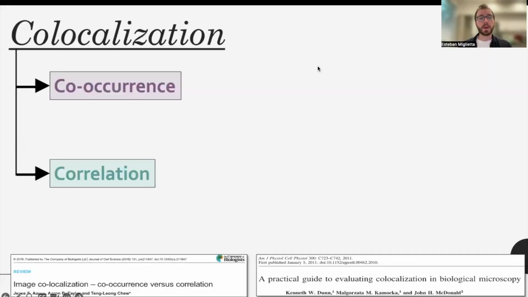Before going into how we measure colocalization, it is useful to differentiate two different phenomena that we are measuring when we assess colocalization, and those are co-occurrence and correlation. If you want to know a bit more about these, I highly recommend these two papers by Aaron and Dan, which delve much deeper into these concepts.